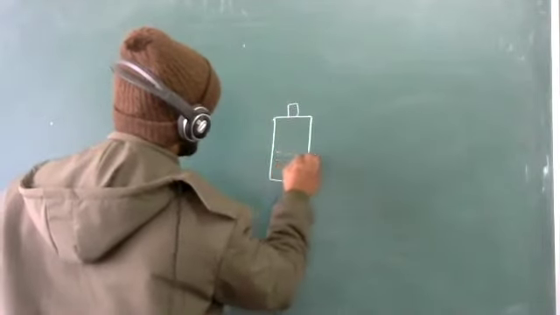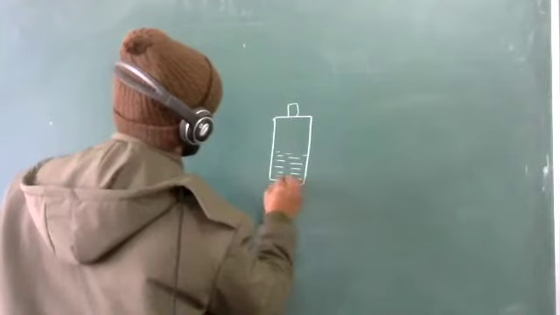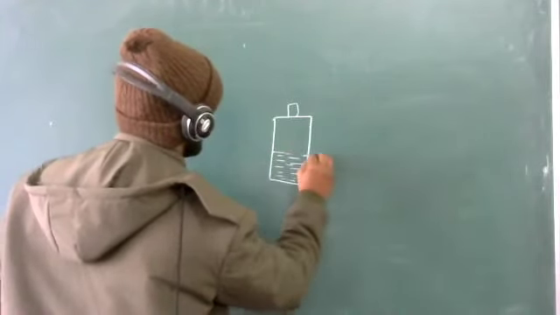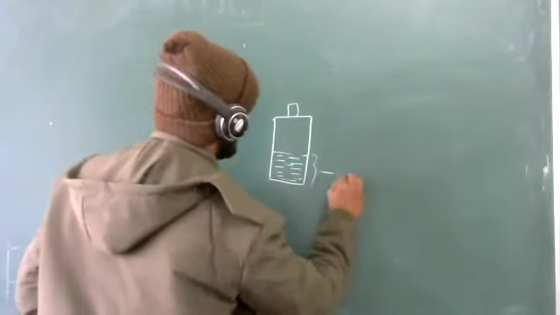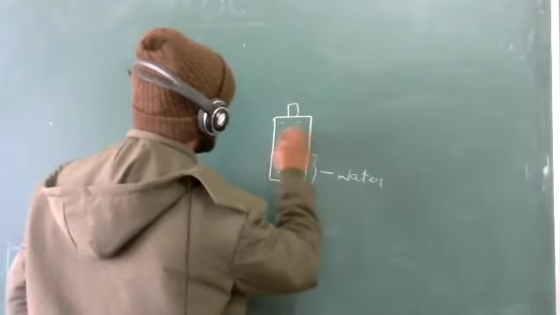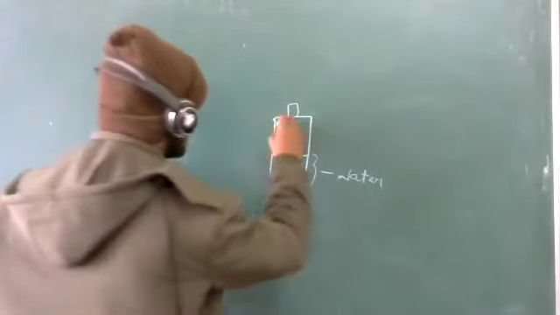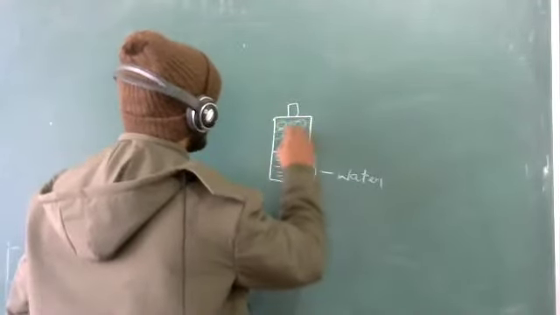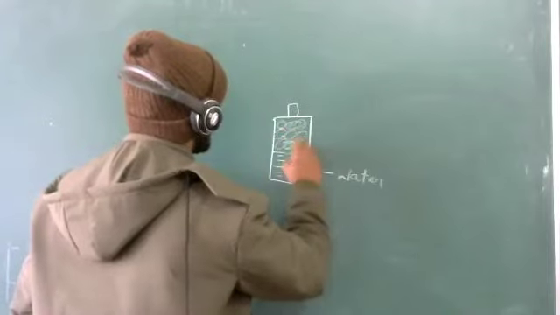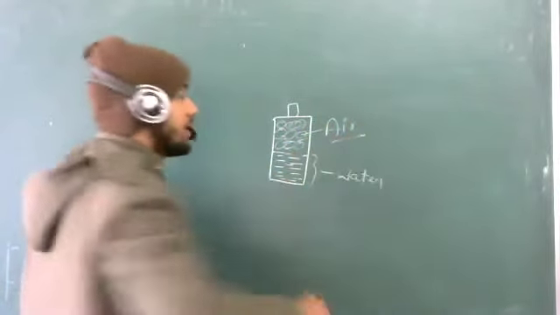Suppose this bottle is half filled with water. So the remaining portion will be filled by which thing? Air. So we can say air occupies the empty spaces.